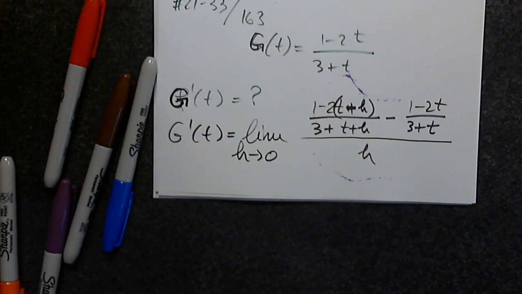Does everything come together now? You understand the connection between the difference quotient and the derivative and the limit?